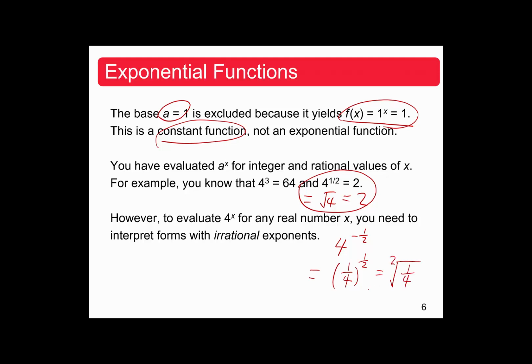The square root of 1 is 1, the square root of 4 is 2, so it's half. So that's how you get 4 raised to any power. Especially negative powers are usually slightly more difficult to tackle.